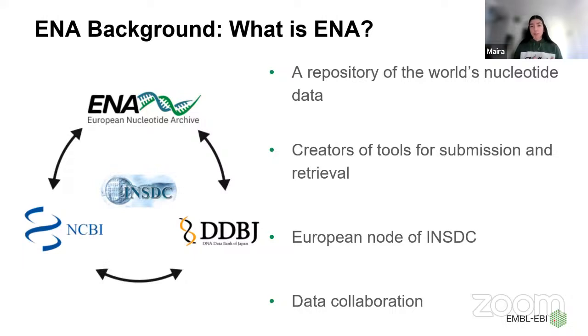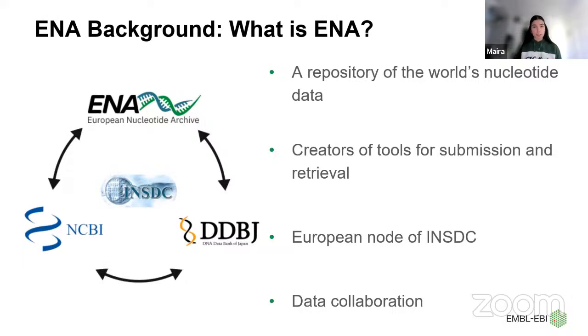We are the European node of the INSDC. This is the International Nucleotide Sequence Database Collaboration. And all this essentially means is this collaboration is formed of the ENA here in Europe, NCBI or SRA or GenBank in the USA, and DDBJ, the DNA Data Bank of Japan in Japan.